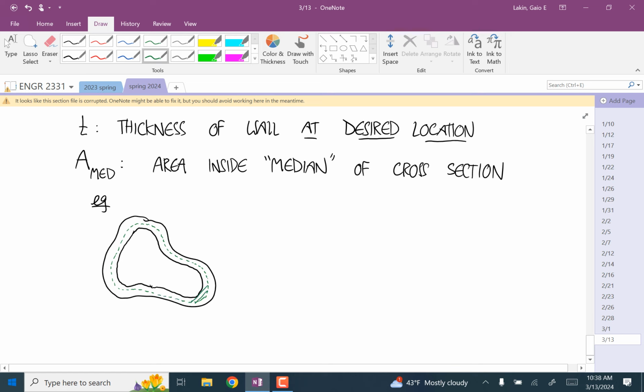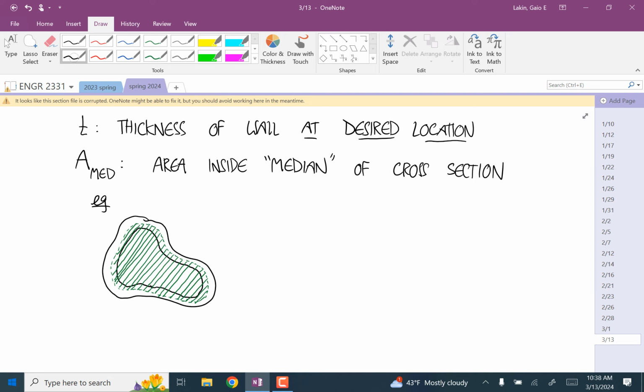And the median area is the area inside that, including the empty space. My God, I'm going to be drawing these crosshatches forever. Okay, so that's what that means.